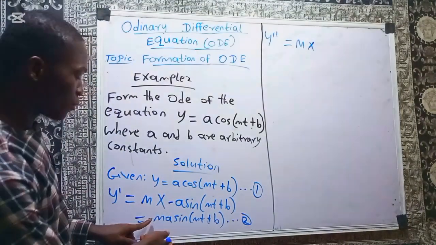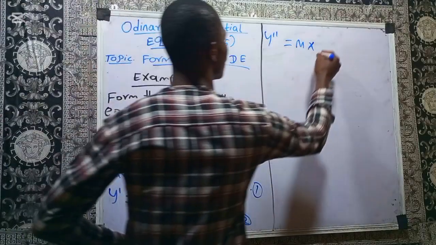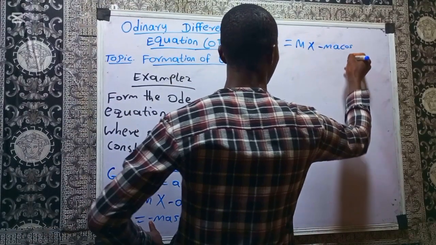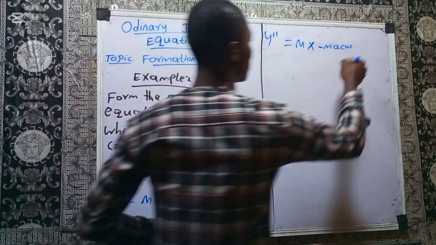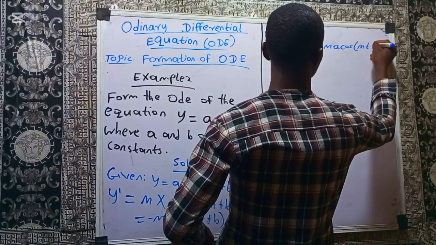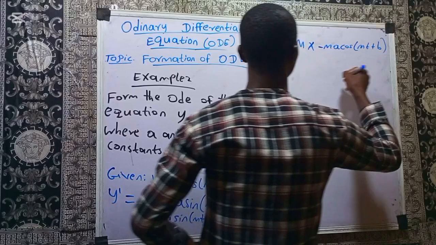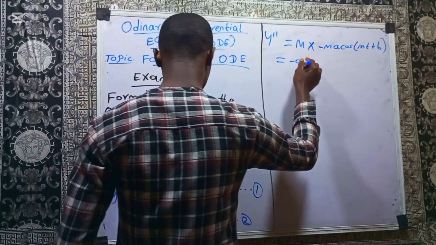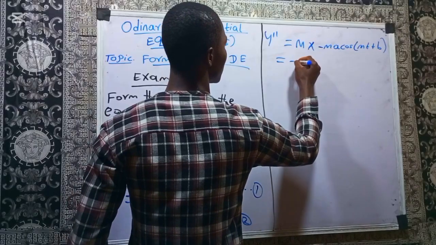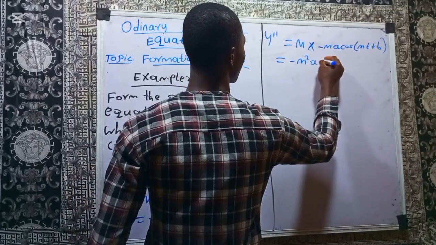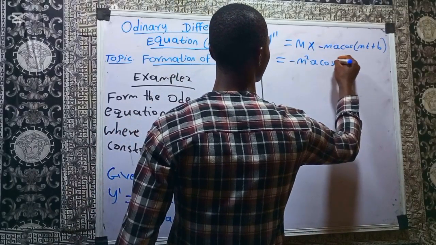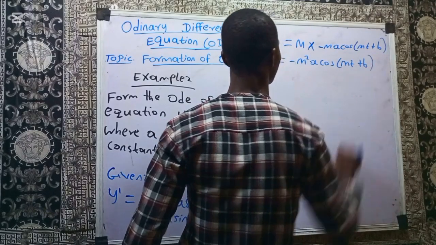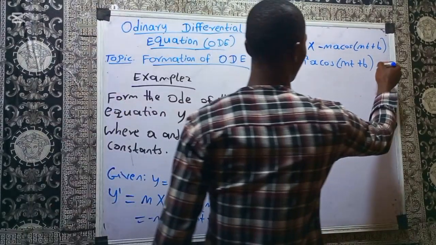Positive cosine. But we have minus before here. So you are going to have minus a positive cosine of mt plus b. Right? So which you can write as negative m squared a cosine of mt plus b. Right?